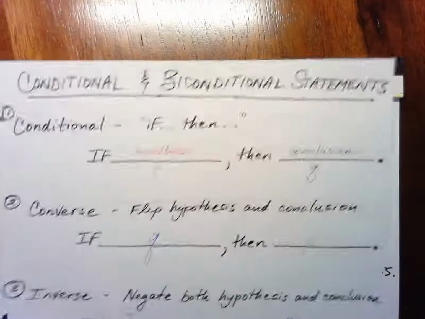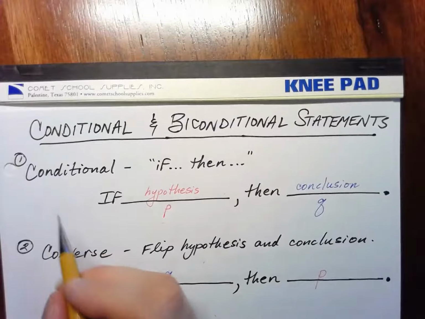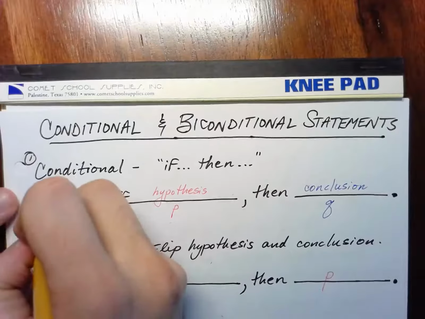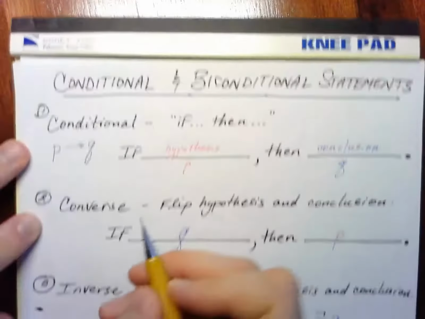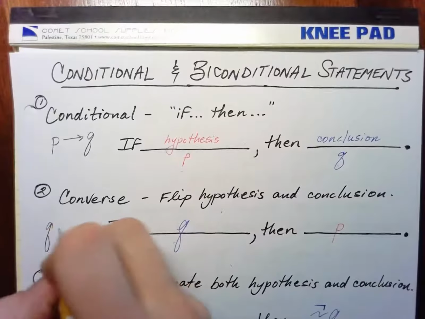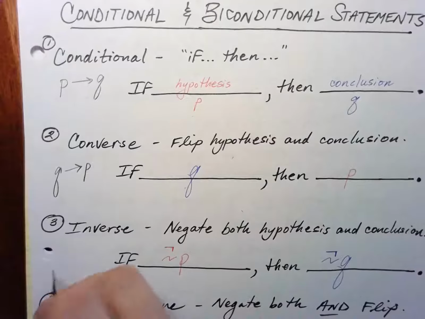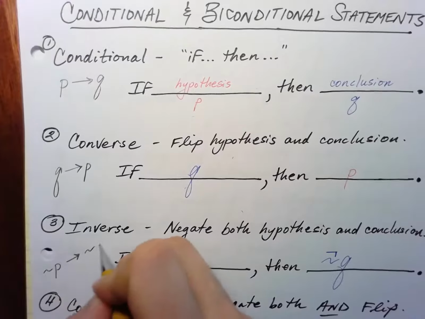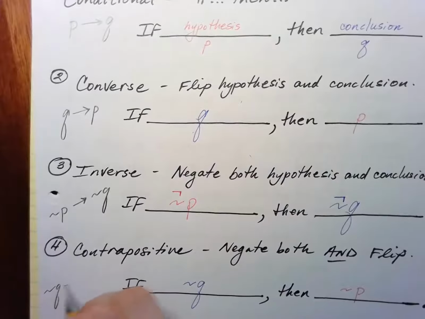So if you recall, the conditional is written as P implies Q. The converse is written as Q implies P. The inverse is not P implies not Q, and the contrapositive is not Q implies not P.